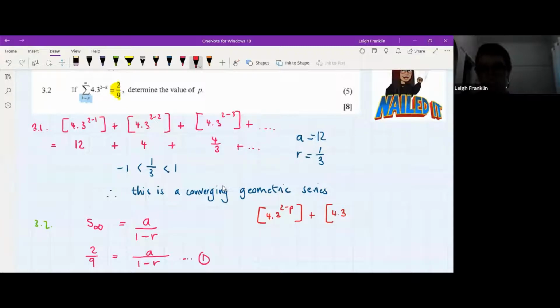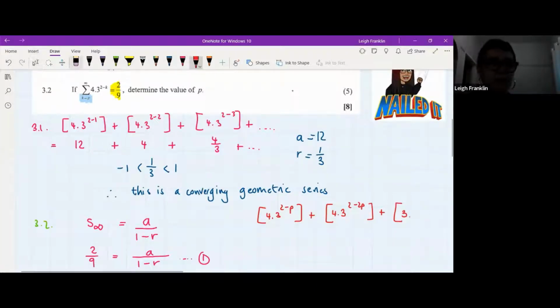I think 4 times 3 to the power 2 minus 2P. Good, well done. And what do you think the next one is going to be? 4 times 3 to the power 2 minus 3P.